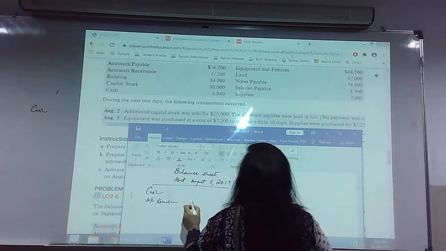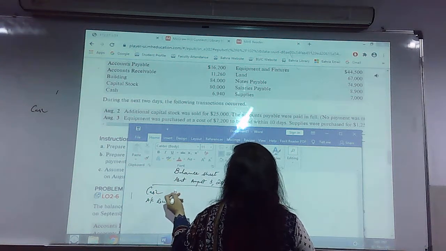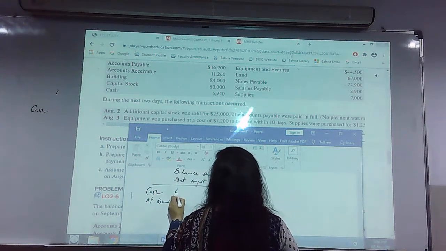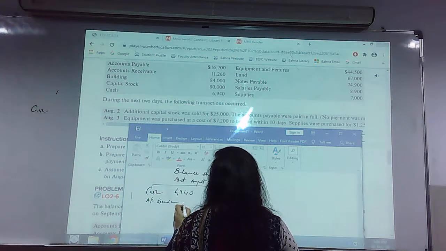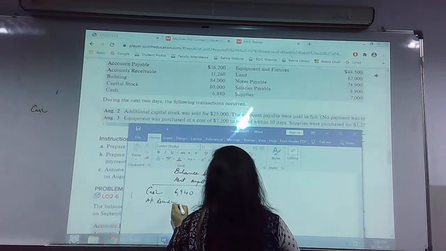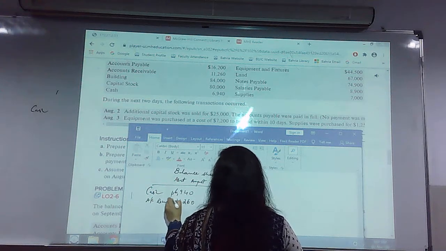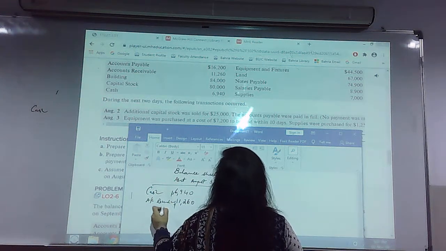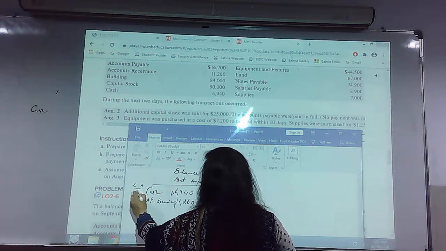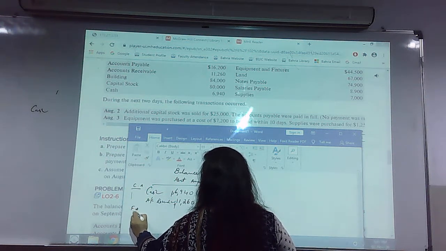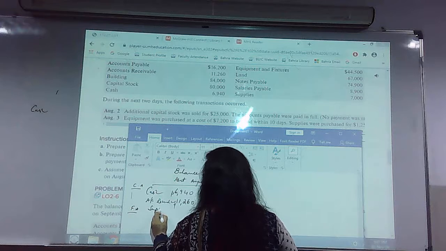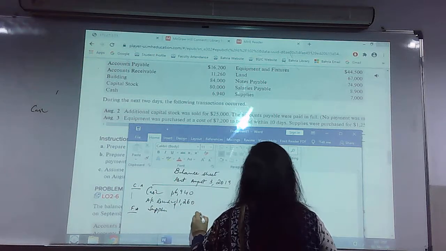Cash was initially 6940, and you're just going to add them up yourself. We have 11,260, and they're dollars. These are the current assets, just for your ease. Then we have fixed assets, but before that we have supplies, and supplies has cost us $7,000.